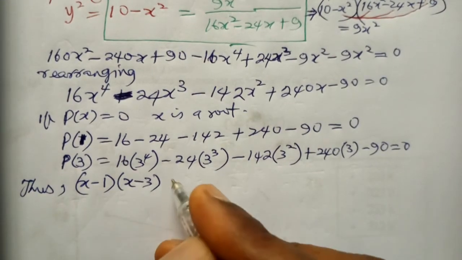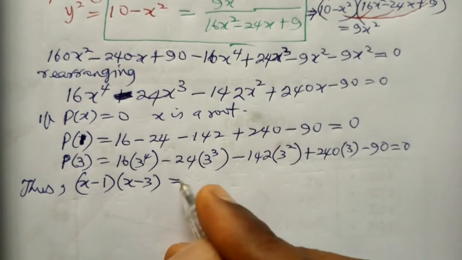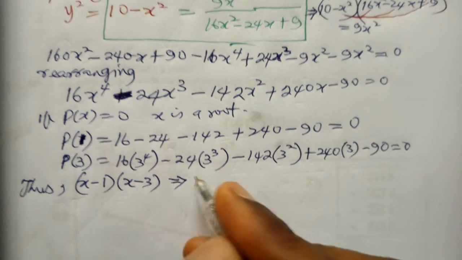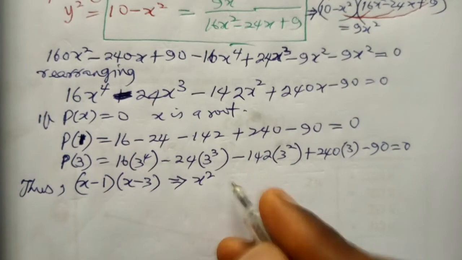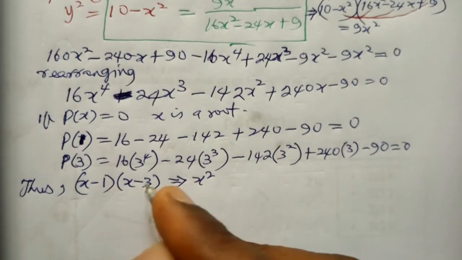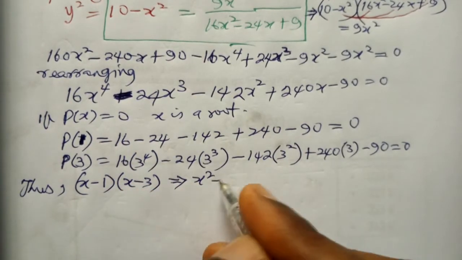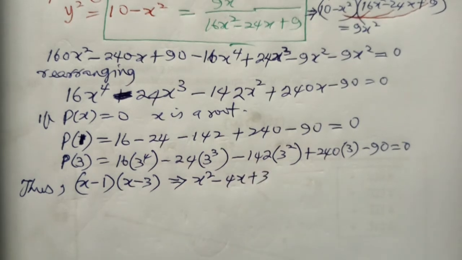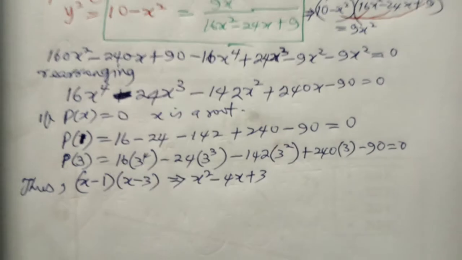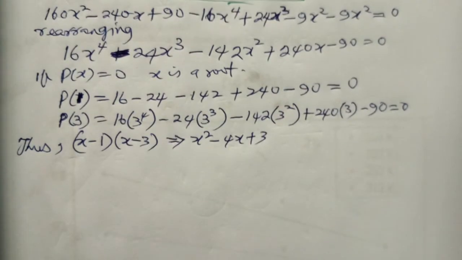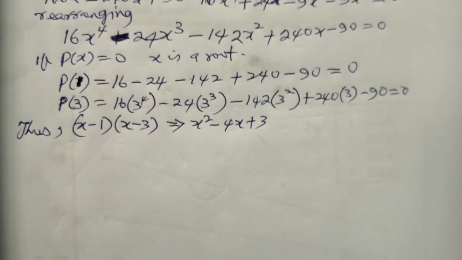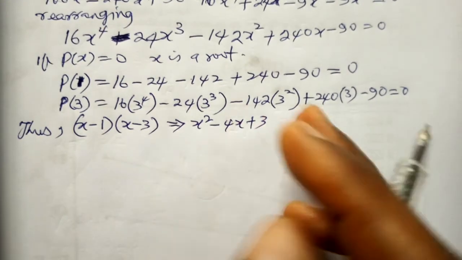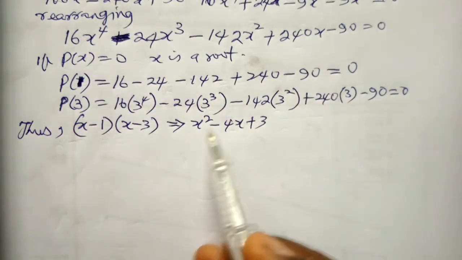If we multiply them out, we will have x squared, this times this is 3x, this times this is minus 3x, minus 3x minus 1x is minus 4x, and this times this is plus 3. So in order to get the other factor, we can use the remainder theorem. We can divide this equation by this.